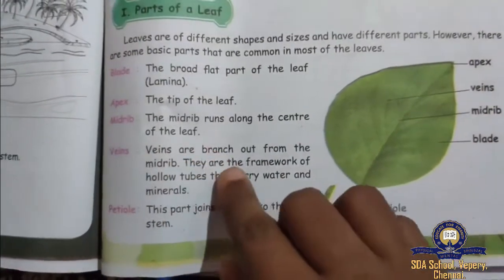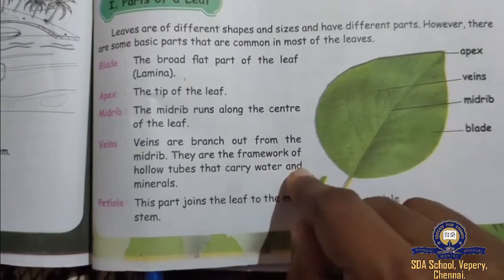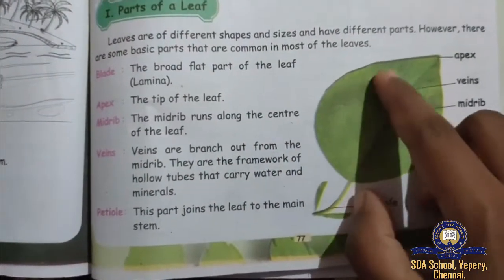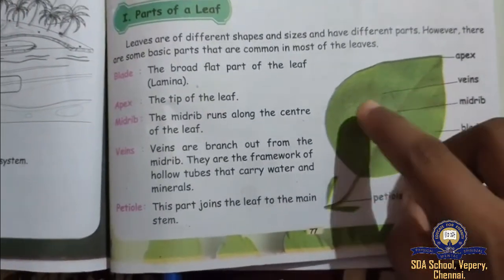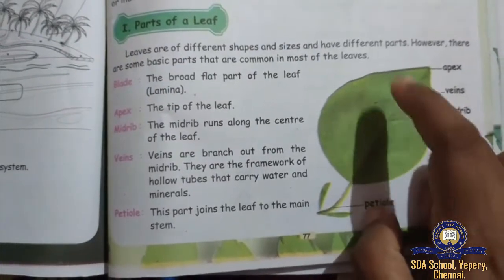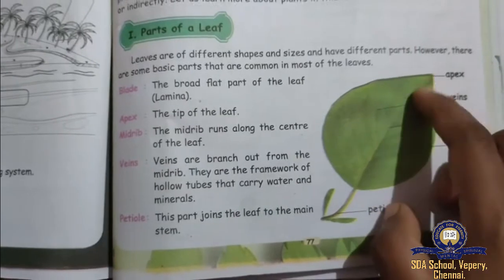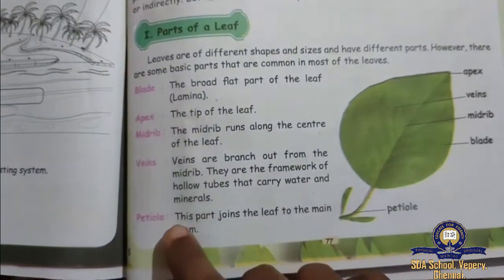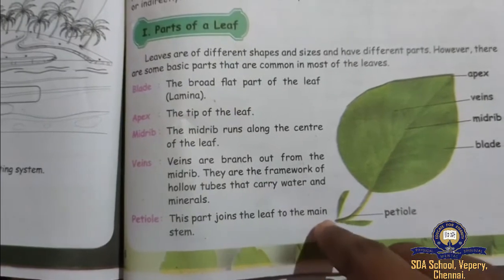Veins are the framework of hollow tubes that carry water and minerals. Through veins only, water and minerals pass to all the parts of the leaf. Next, petiole. This part joins the leaf to the main stem.